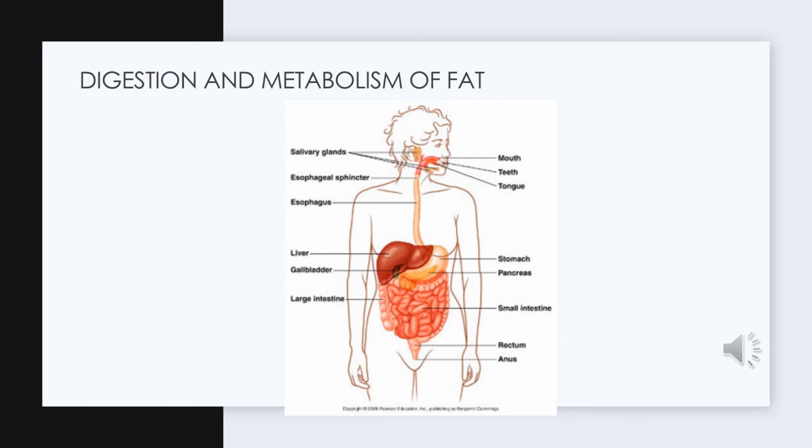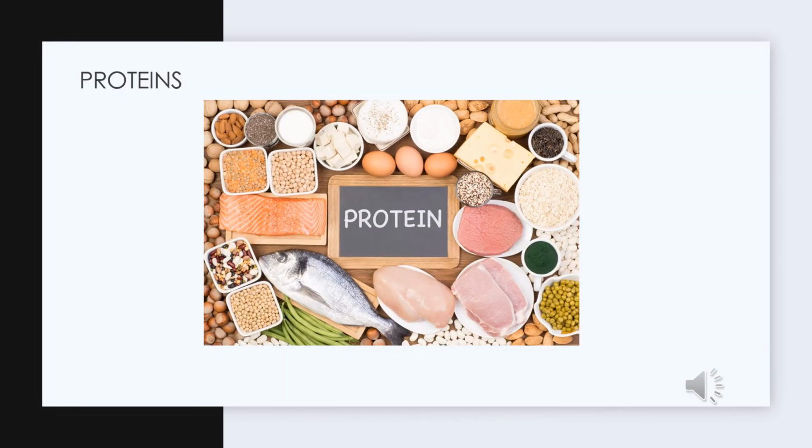It breaks down into small pieces of carbon dioxide and water, and it's used in all the different systems of our body. I'm not so concerned that you know every single detail of how it's broken down, but the major thing is that it's broken down in the small intestine for our body to be able to use it.